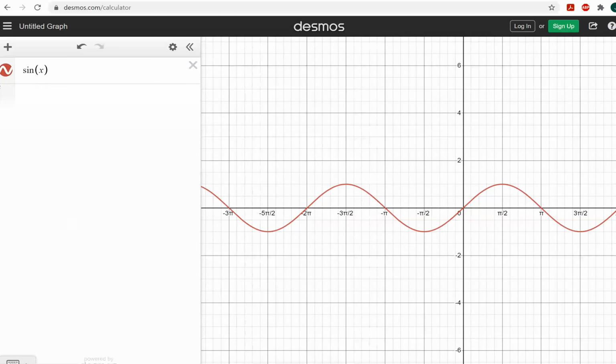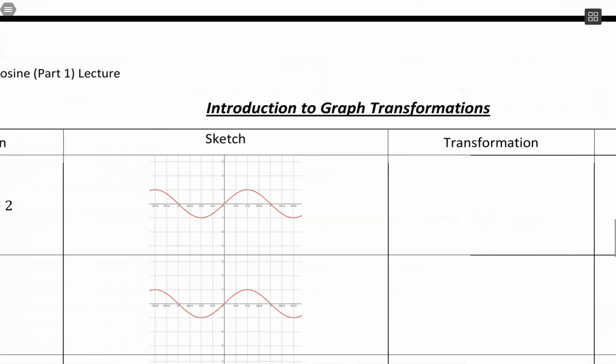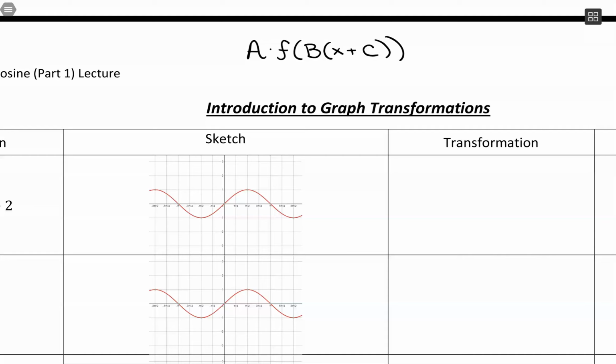Alright, so with this, we're going to play around with what happens when we add, subtract, multiply, divide within our function. As a refresher, we're looking at graph transformations just like we do in Math 141. If you have some function, we could multiply by something outside of the function. We can have something multiplying inside the function. We could have something adding or subtracting with x inside the function.